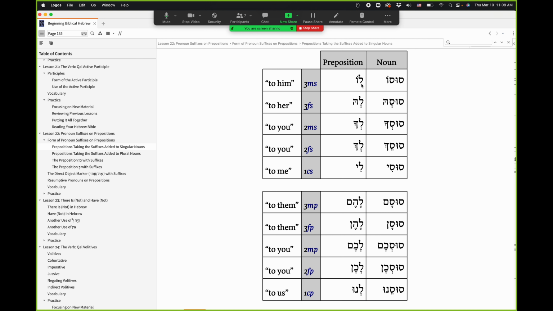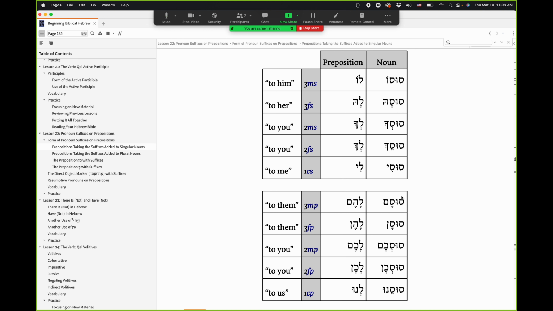Here's the important thing to remember about these suffixes. When you have a noun with a suffix, the noun has number, but the suffix itself has its own number. So for example, suso, susa, susacha, susech, susi, and susam, susan, susachem, susachen, susenu. Horse is always singular in all of those.